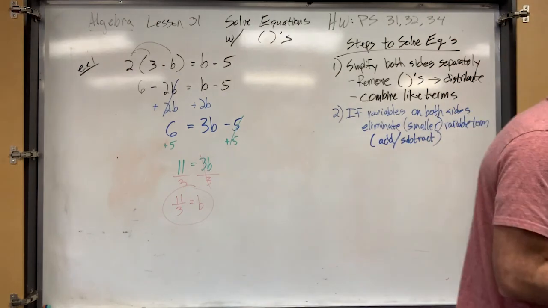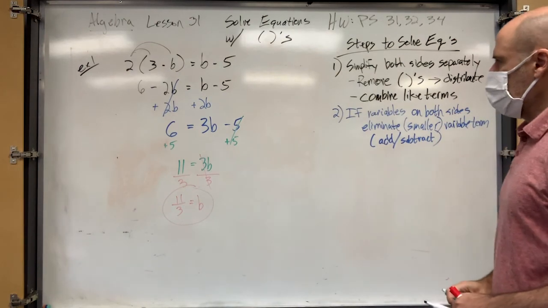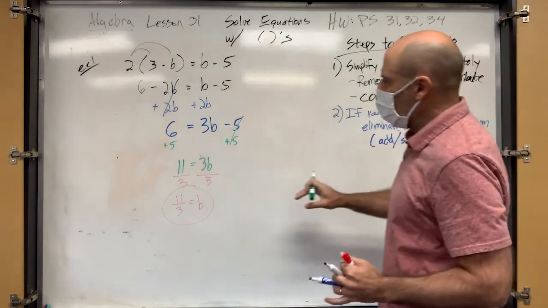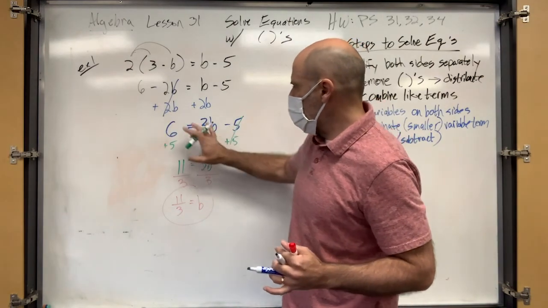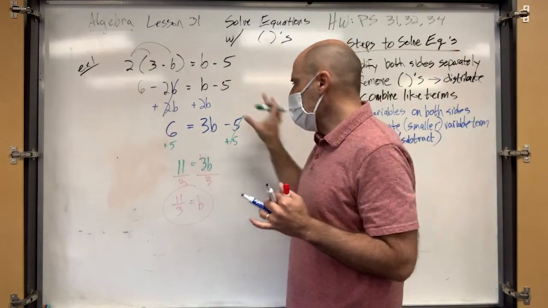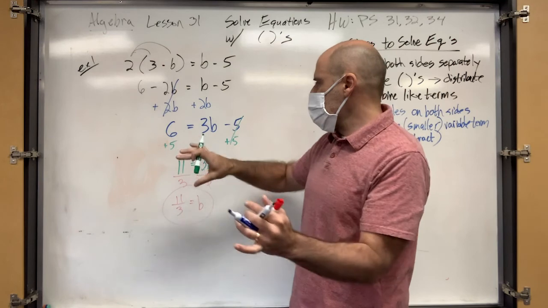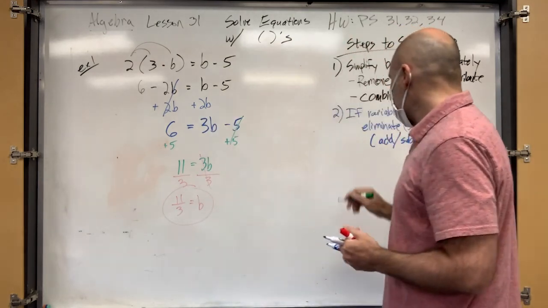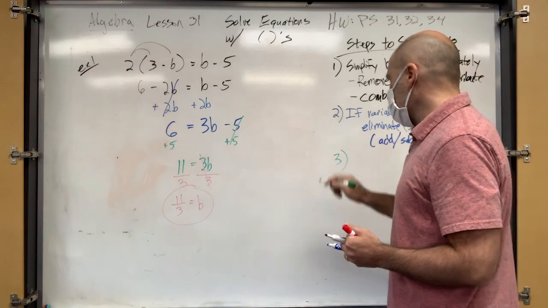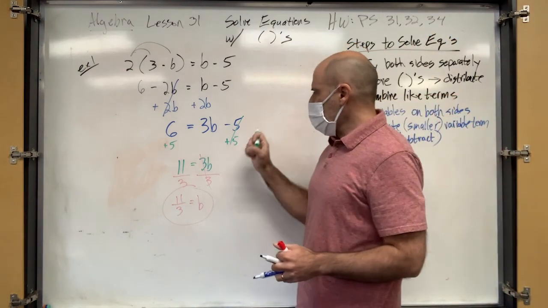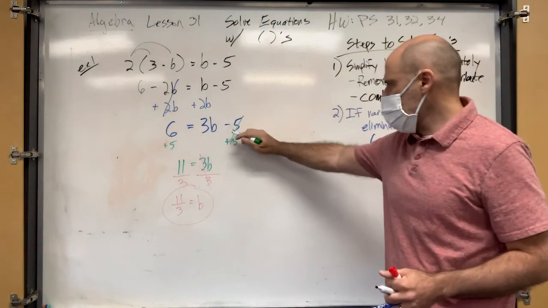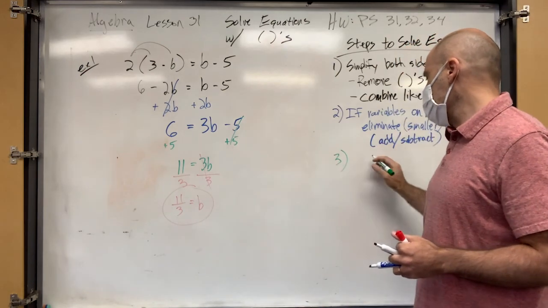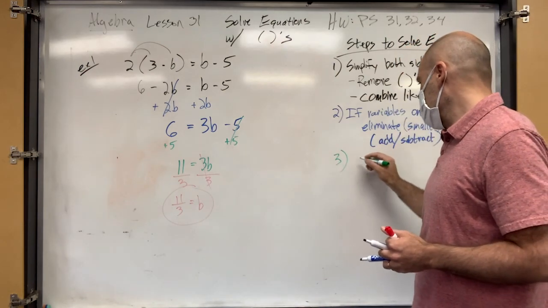All right, step 3. Typically, when you do that, you'll be left with this kind of situation where you have just a constant on one side. Sometimes it's on the right, sometimes it's on the left, and then you have a variable term and a constant on the other side. So now you start thinking, all right, let's get the variable by itself, get rid of the guards that are guarding it. This one looks like the easier target. To get rid of -5, you add 5.